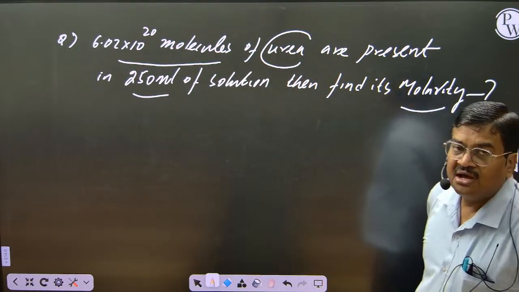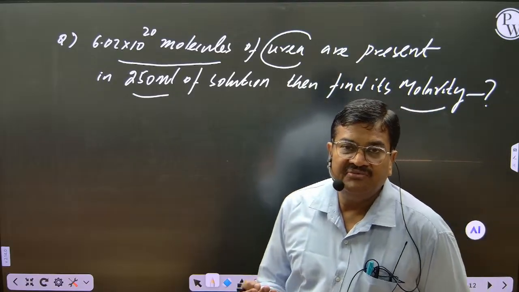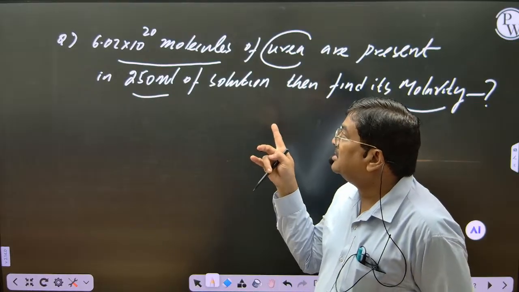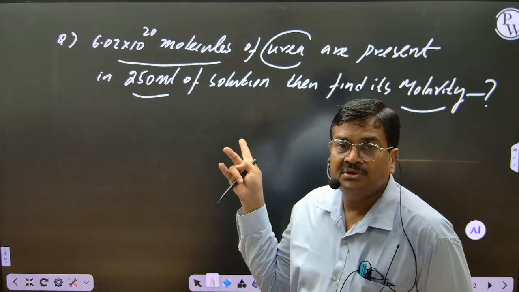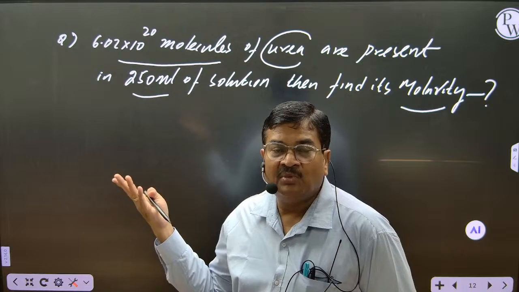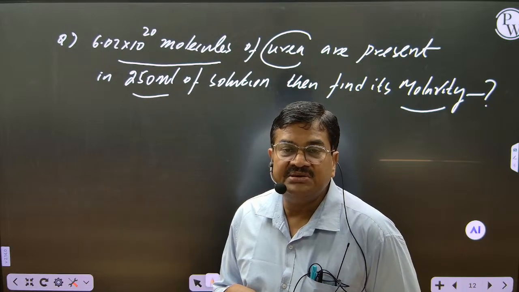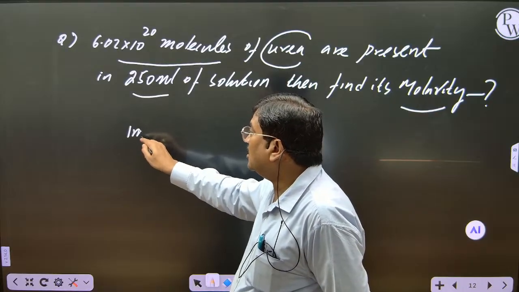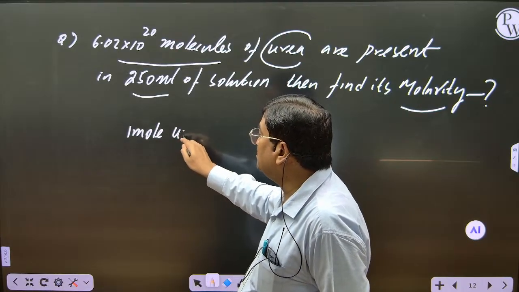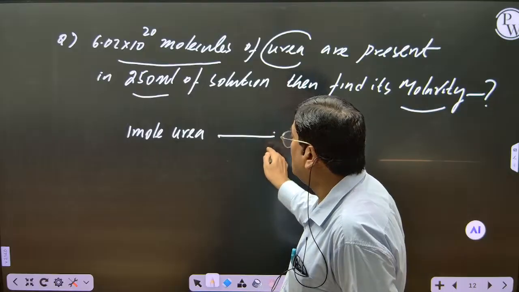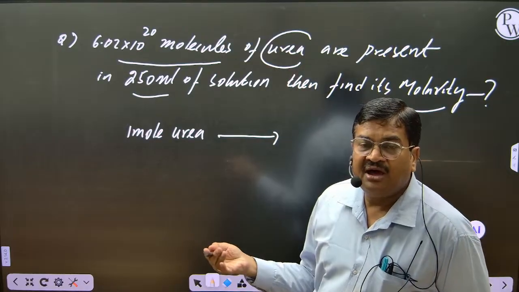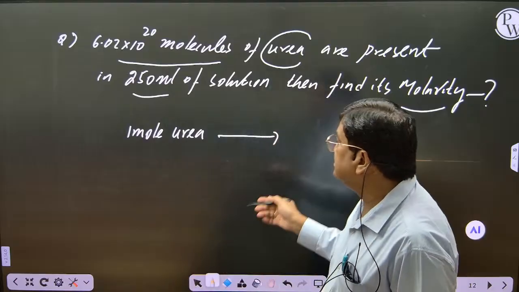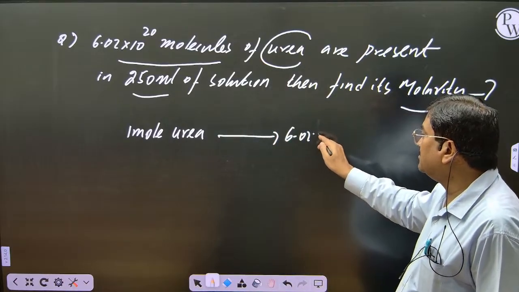Now think, student, how you approach. Molarity means we want the number of moles, no? But in the problem, had they given the number of moles directly? No. And how do you bring given molecules into moles? You learned the mole concept in the previous class. If I take 1 mole of urea, how many molecules will be there? Can I say 6.023 into 10 power 23 molecules?